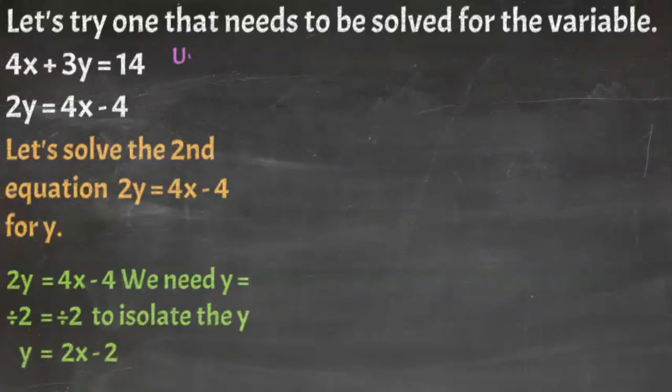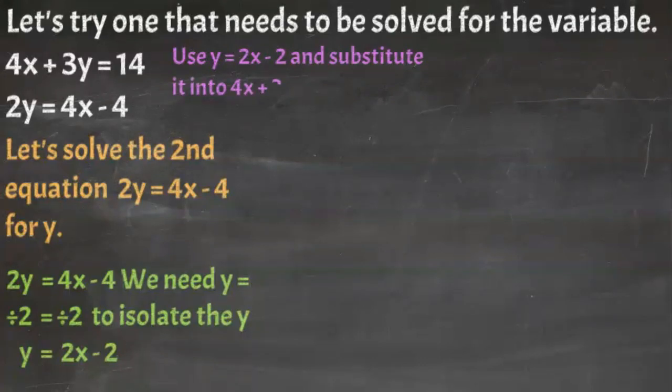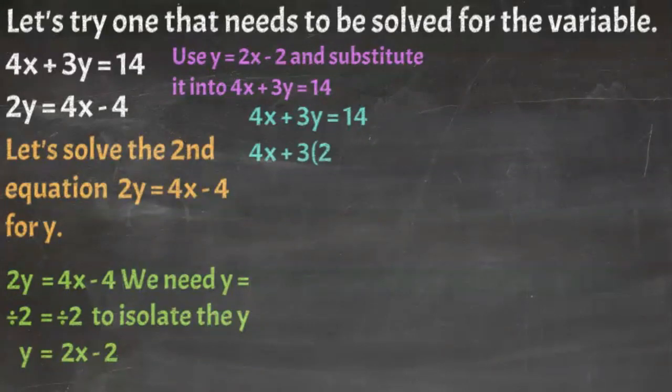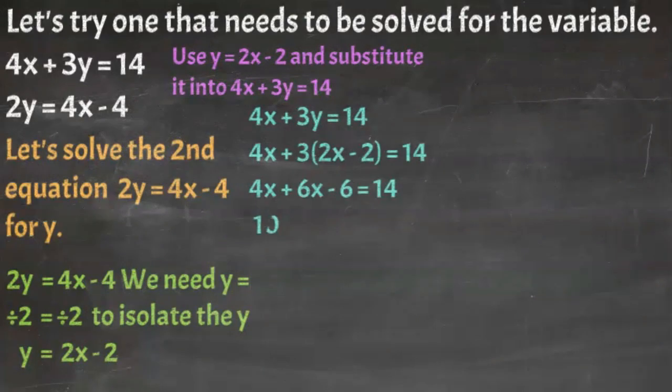So now using this equation, y is equal to 2x minus 2, and substituting it into the other equation, we will get something like this. 4x plus 3 times y is equal to 14, that's the equation. So we get 4x plus 3 times the quantity 2x minus 2 equals 14. 4x plus 3 times 2x is 6x, and then 3 times negative 2 is negative 6 is equal to 14.